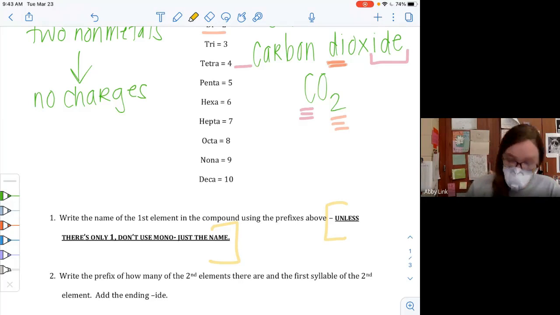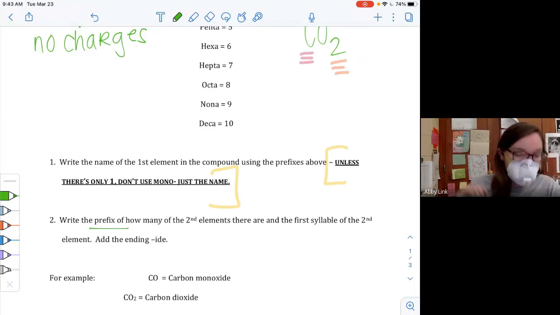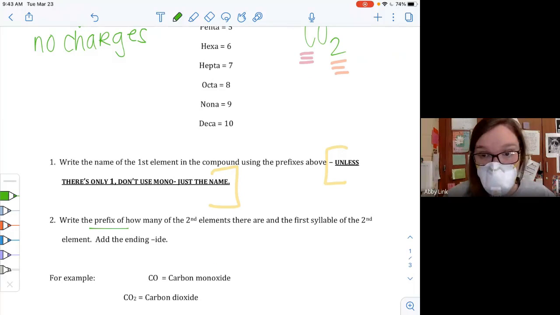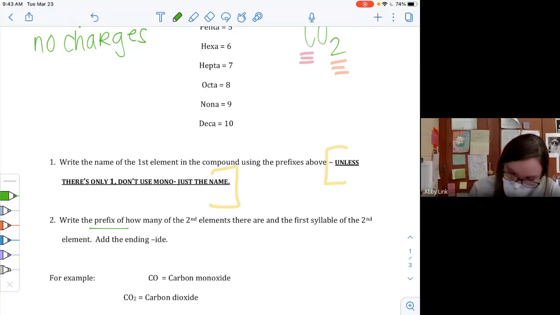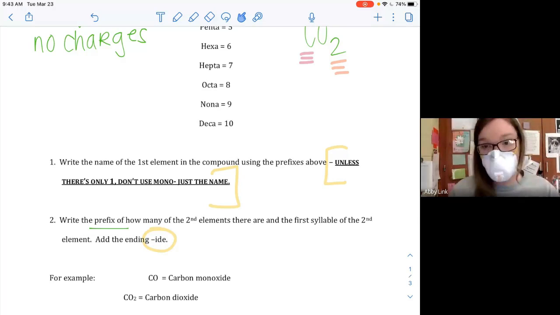For the second element, you are going to use the prefix every single time, even if there's only one on the second element. You are also going to change the ending to IDE, just like we've been doing with our ionic compounds. Pretty straightforward because we don't need to worry about subscripts making charges neutral or balanced.